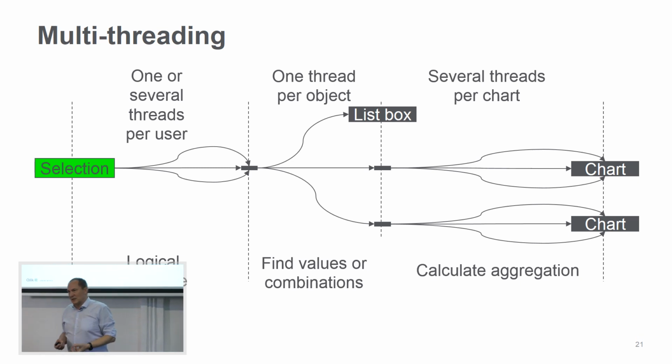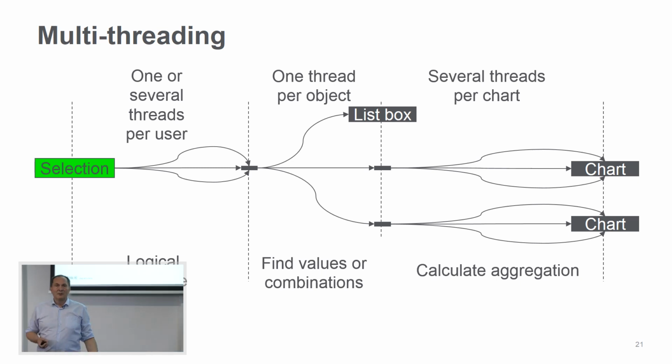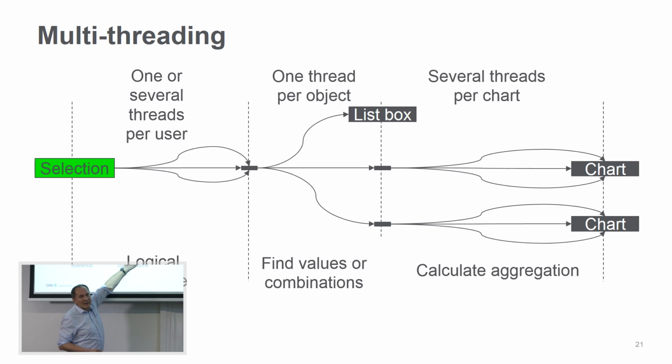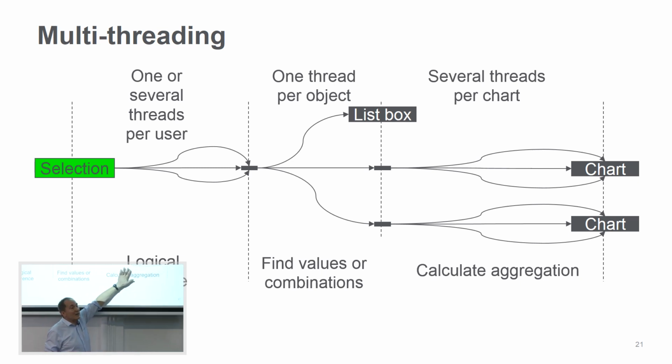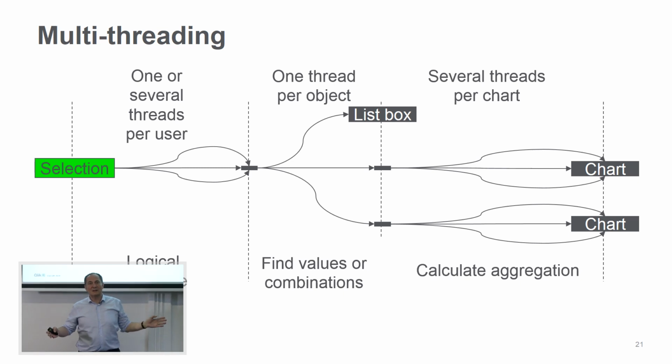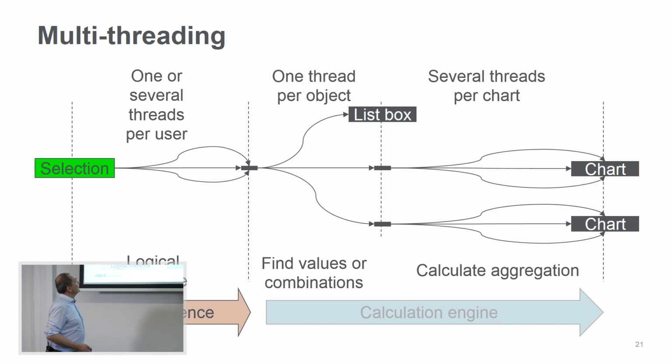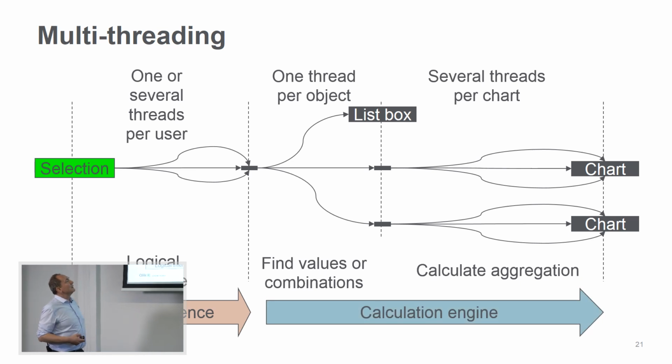So if you have a pivot table with sum of sales, then it takes a small time to calculate what records should I have in this pivot table. But when I then make the aggregation over 10 million rows, then that part is in fact multi-threaded. Then we partition the source data and calculate in different threads. So logical inference and calculation engine, and the middle part is single-threaded. And it's a possible bottleneck.